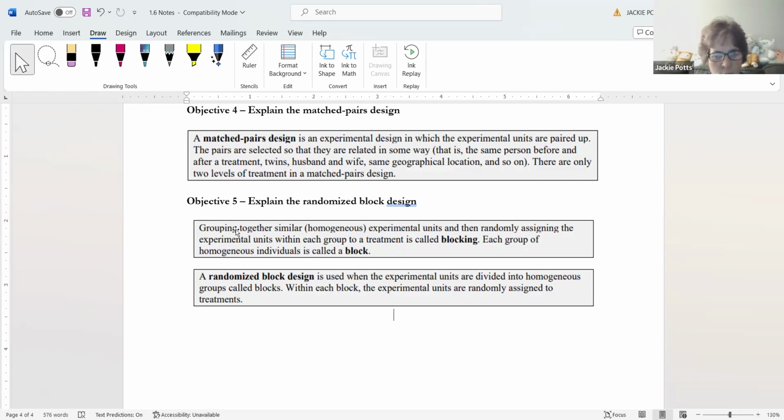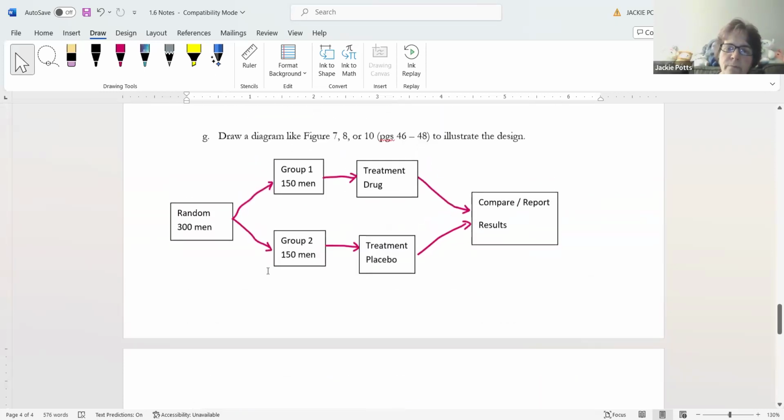And it's very controlled. And we put them all in the same group. That process itself is called blocking. Each group would be called a block. The randomly dividing of the group is called randomized block design.